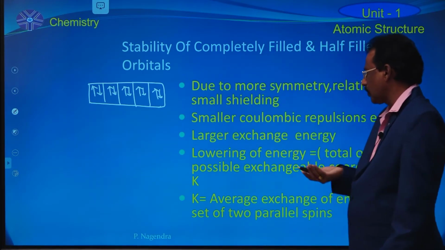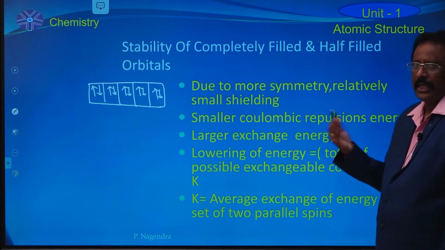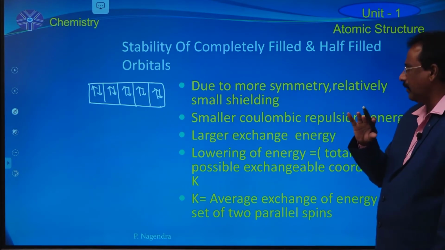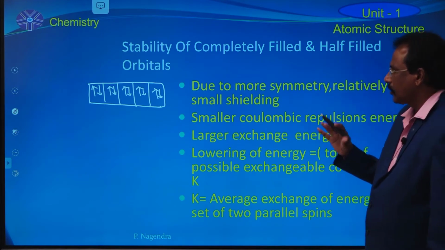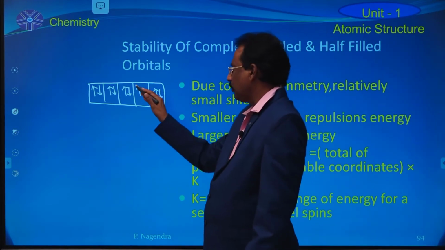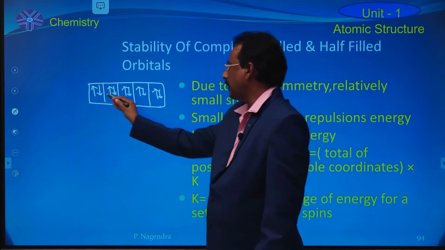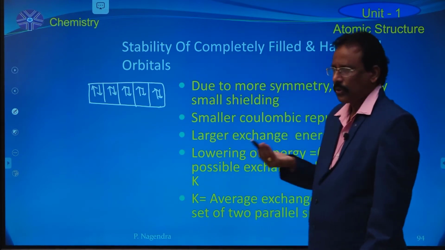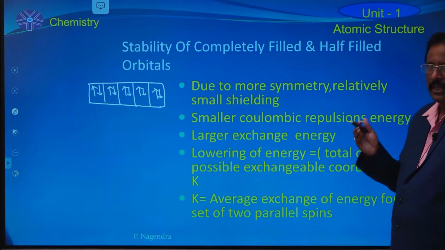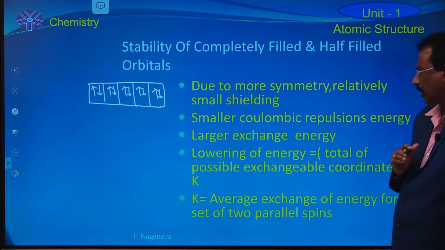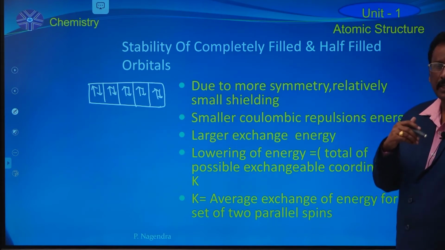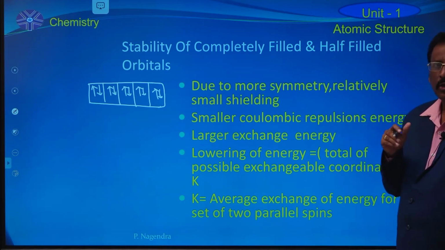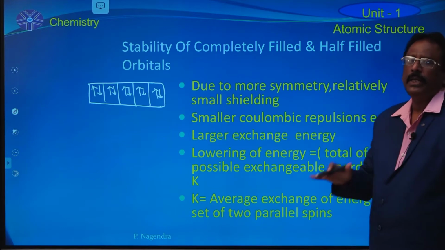That's why they show smaller Coulombic repulsion energy, because in each and every orbital spin is equally balanced. So they show mutual exchange. This electron goes to here and this one comes to here. So due to mutual exchange of electrons from one position to another position, lowering of energy takes place. That means that configuration acquires more stability.